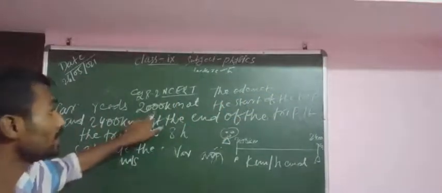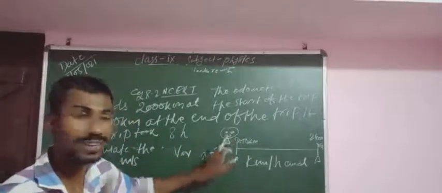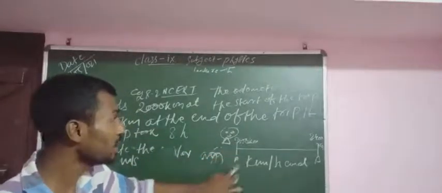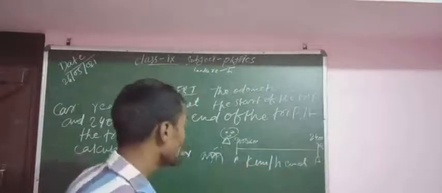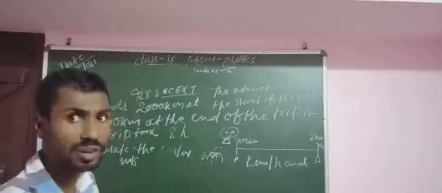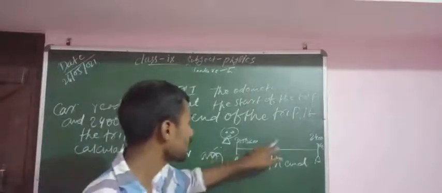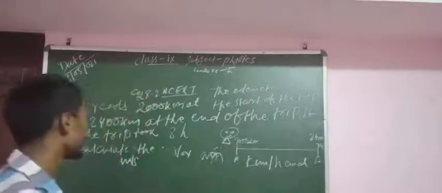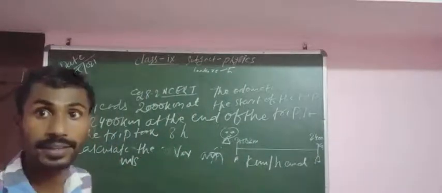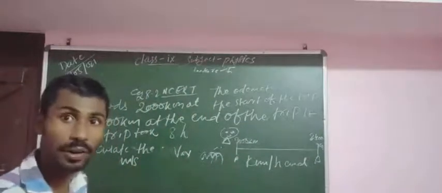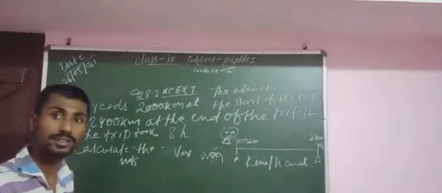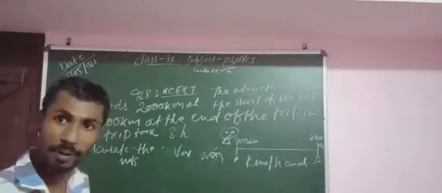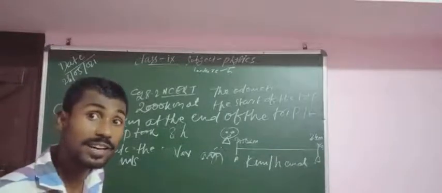The odometer of a car reached 2000 at the initial stage and measures 2400 kilometer at the final stage, and it takes 8 hours to travel this distance. After that, calculate the average speed in kilometer per hour and in meter per second.